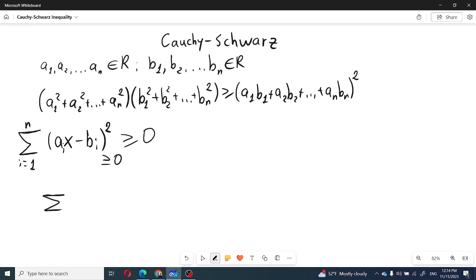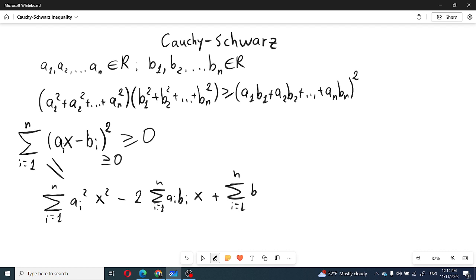Clearly this sum equals the sum from i equals 1 to n of ai square times x square, minus 2 times the sum of ai times bi times x, then plus the sum of bi squares, i equals from 1 to n.